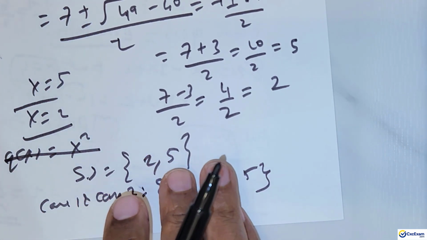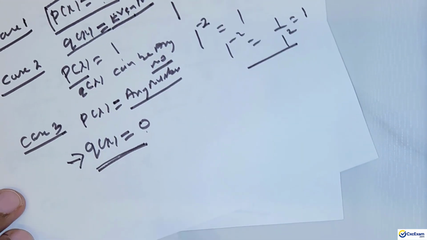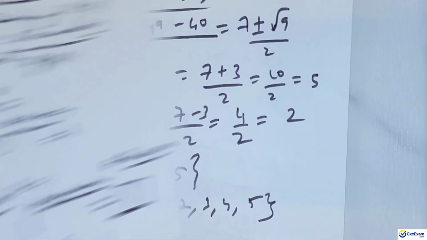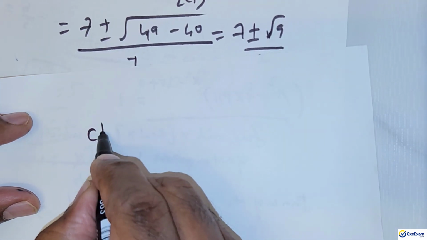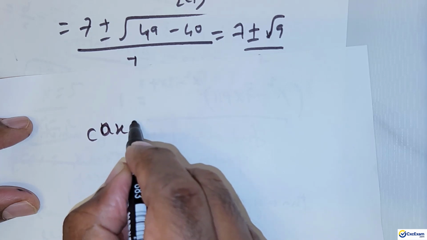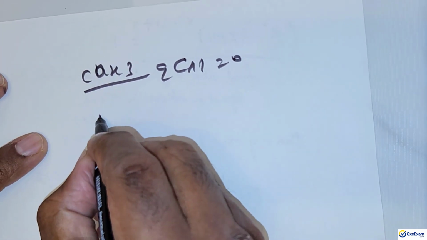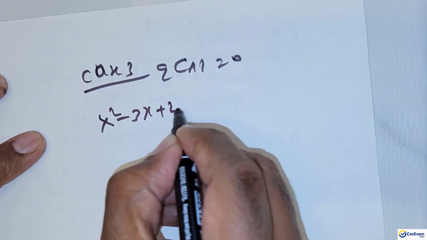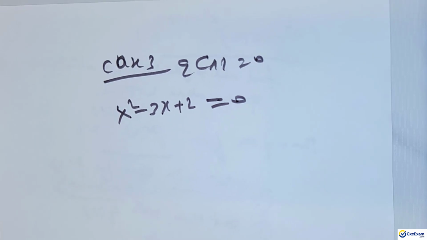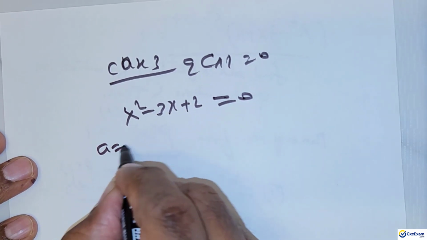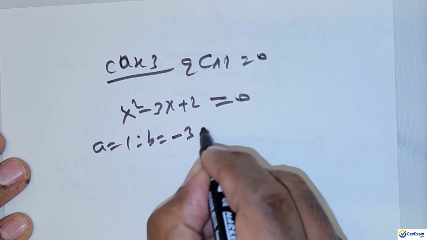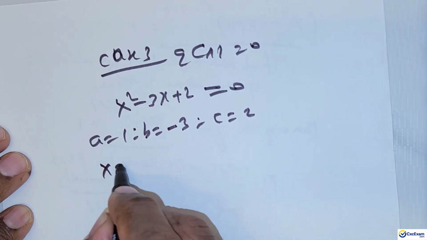Now there is one more case we have to check. Case number 3, q of x is equal to 0. So case 3, q of x is equal to 0. So we will have to check that. So this is x squared minus 3x plus 2 is equal to 0. So a is equal to 1, b is equal to negative 3, c is equal to 2.